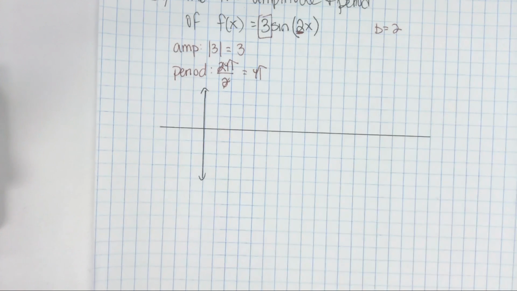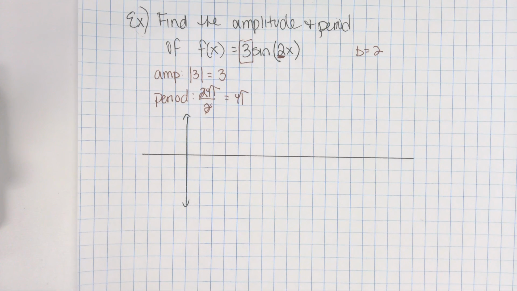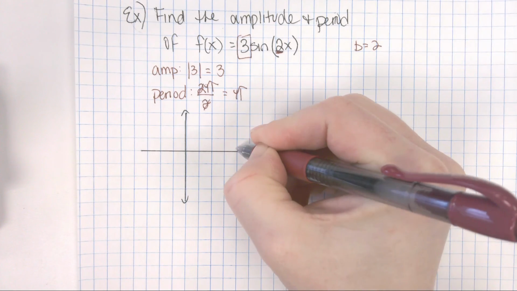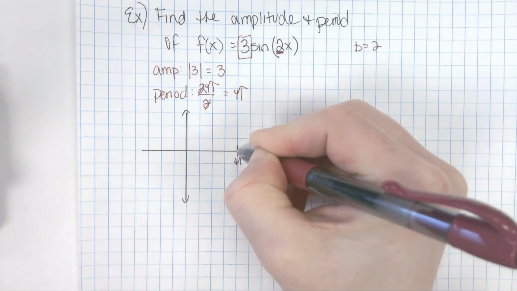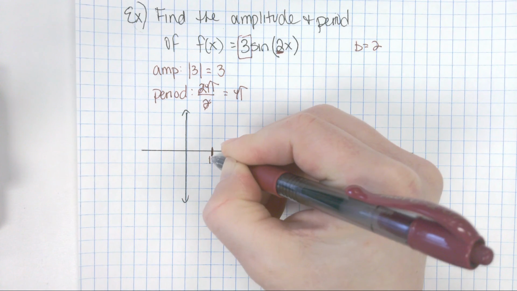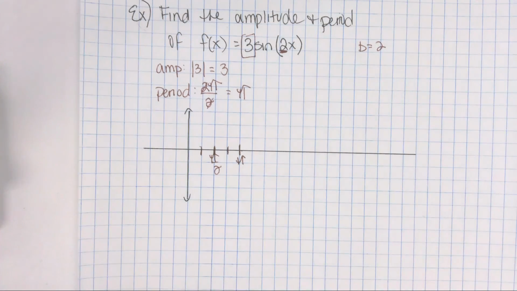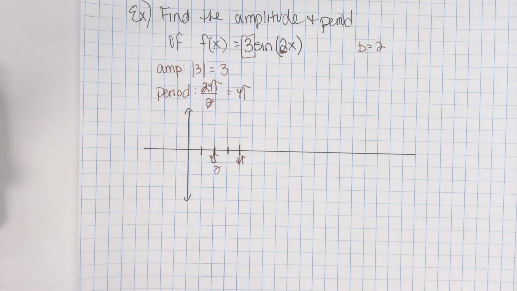No longer is the period 2 pi. What's the period now? Pi. So now when you're sketching this, you're going to want to put pi on your graph. I'm going to put it right here so that I can cut it in half, which would be pi halves, and then cut it in half again. So now I have to do a whole cycle in 1 pi.